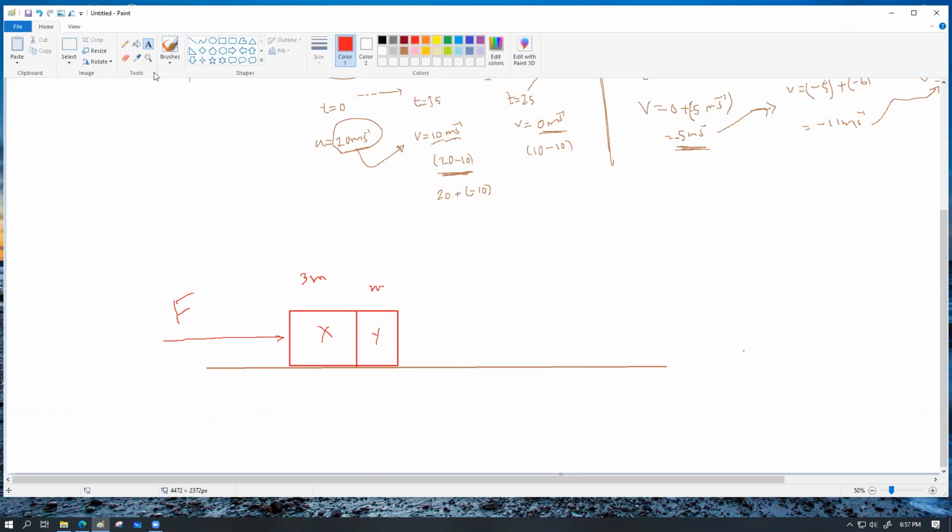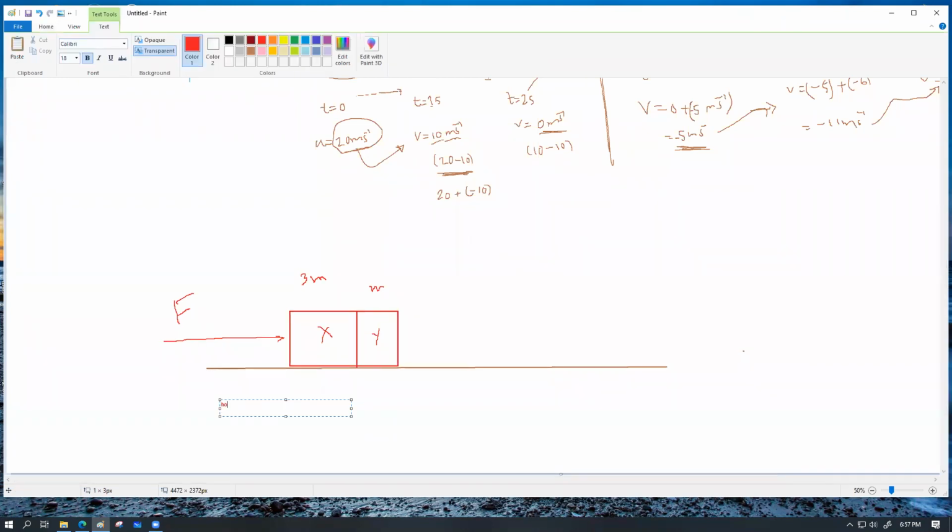Its force, including the force which we exert. 3m plus the force we exert.